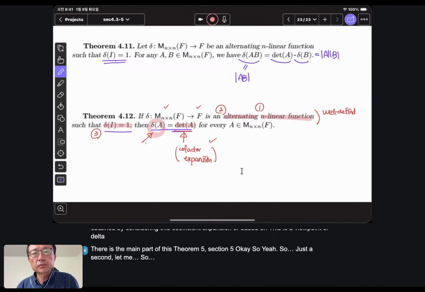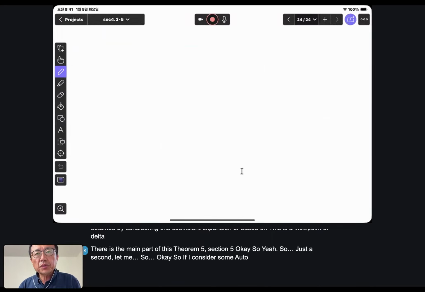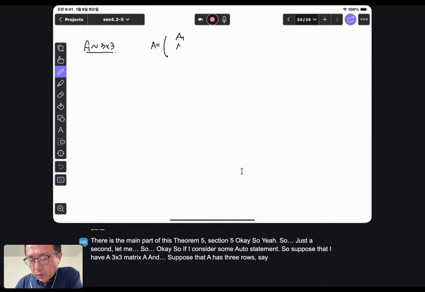So, if I consider some example statement, suppose that I have a 3 by 3 matrix A, and suppose that A has 3 rows, say A1, A2, and A3.